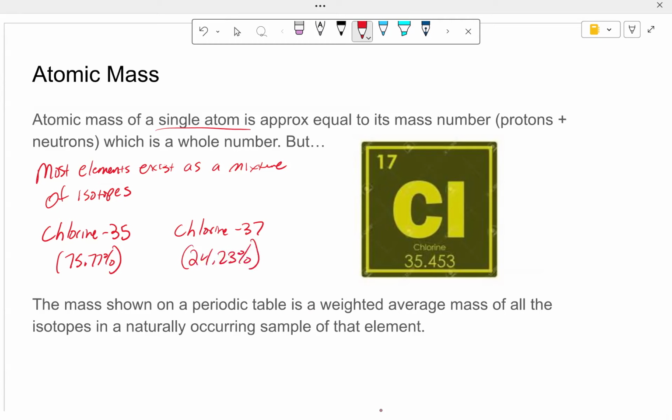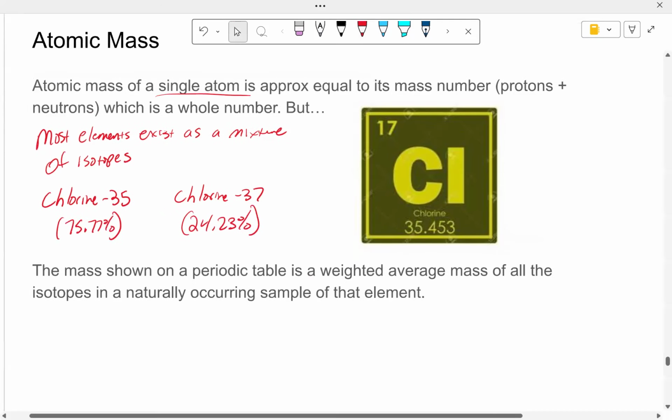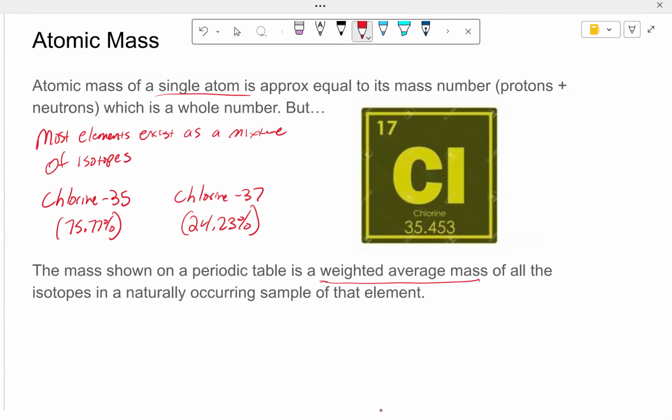Now, I know you're going to be putting these numbers down in your notes. I do not expect you to memorize that relationship between chlorine 35 and chlorine 37. The reason I'm bringing this up is that in order to get an average mass of all chlorine atoms that exist, we have to take what's called a weighted average of all of those isotopes.